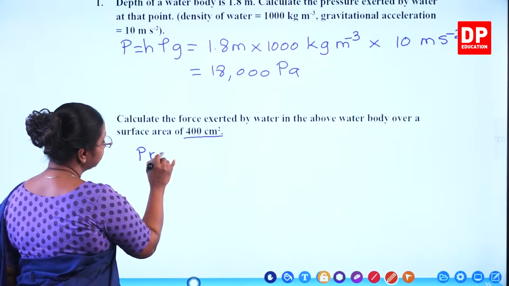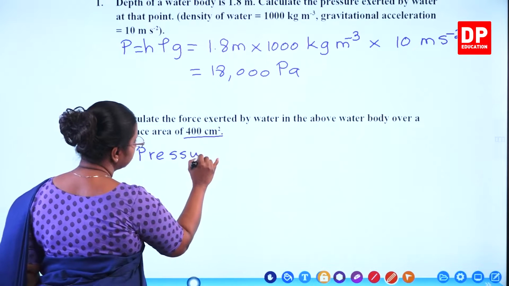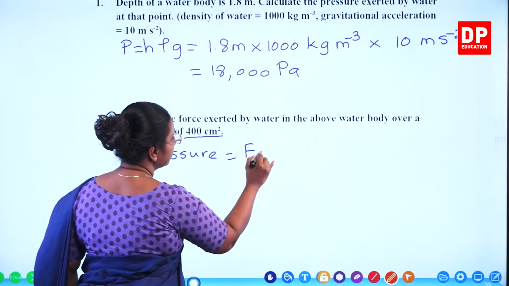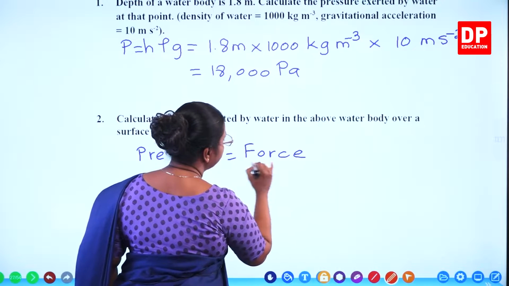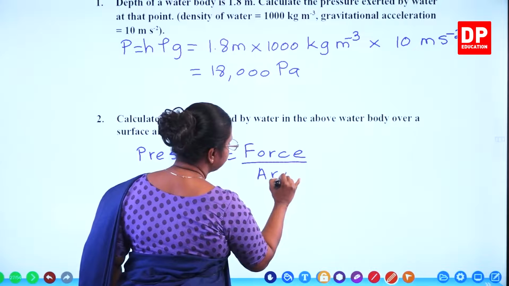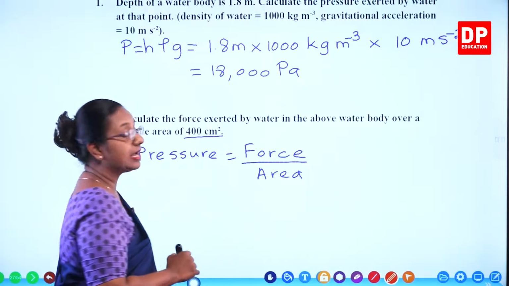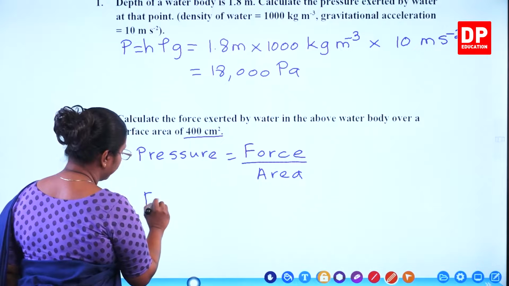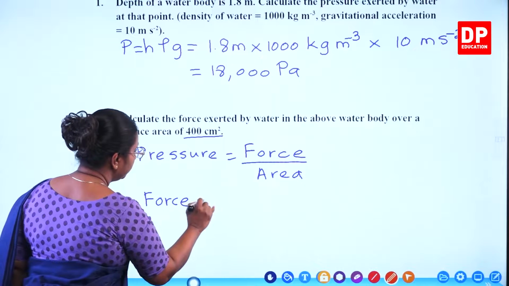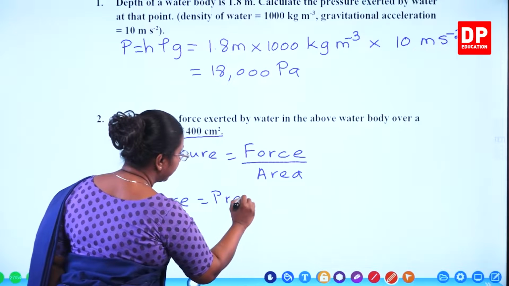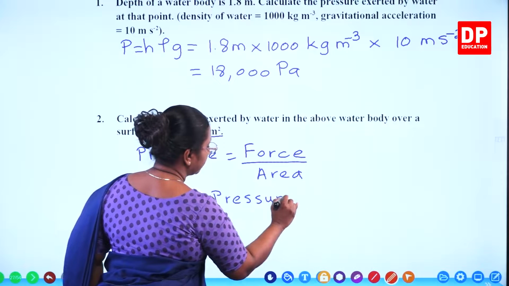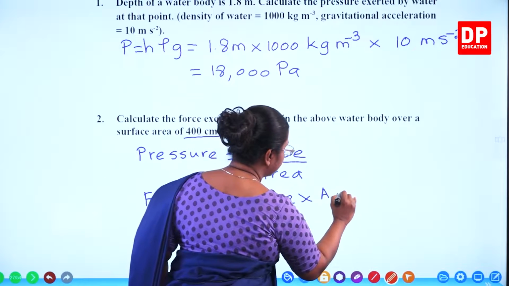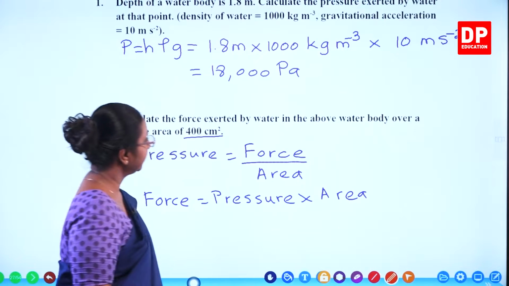Pressure equals perpendicular force divided by surface area. We can simply write it as force over area. So if you need to find force, you need to multiply pressure by area, by rearranging the equation.